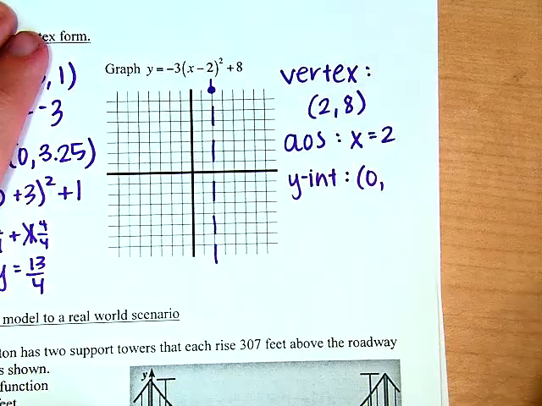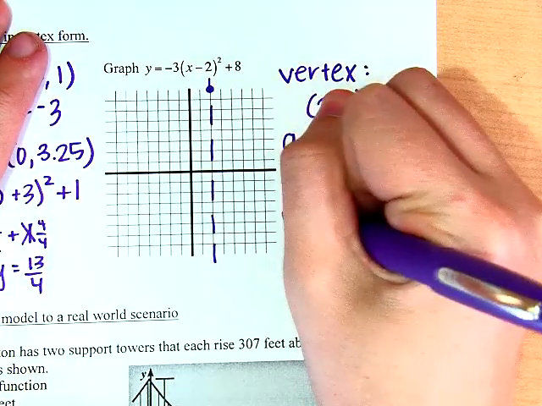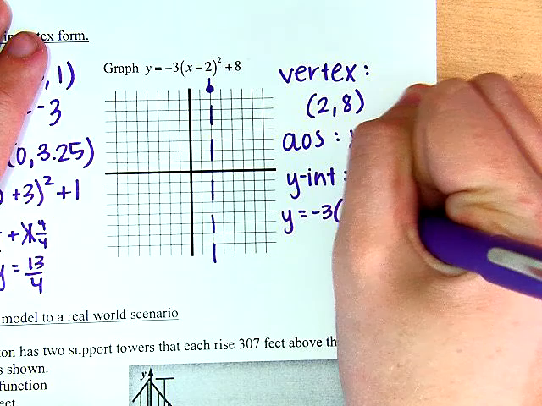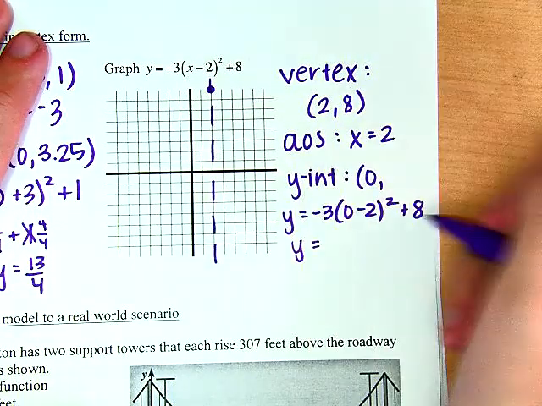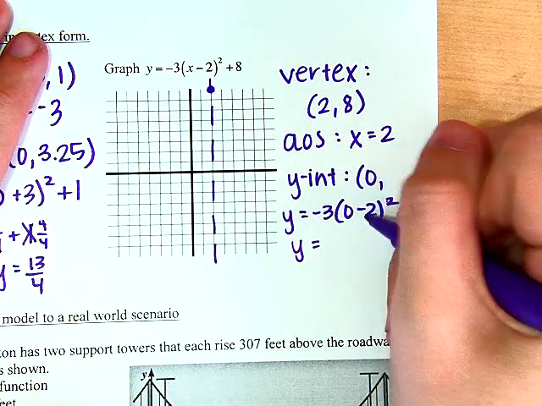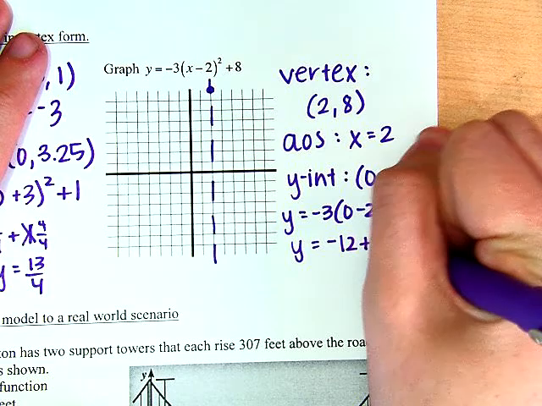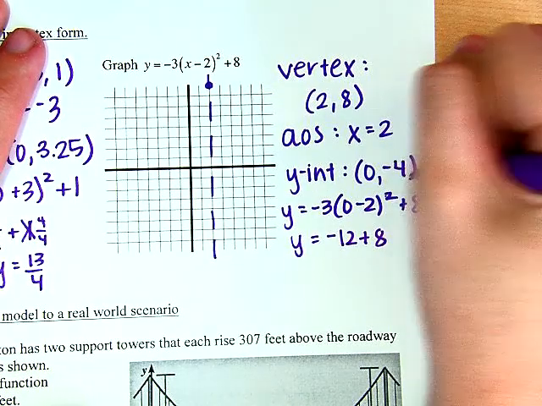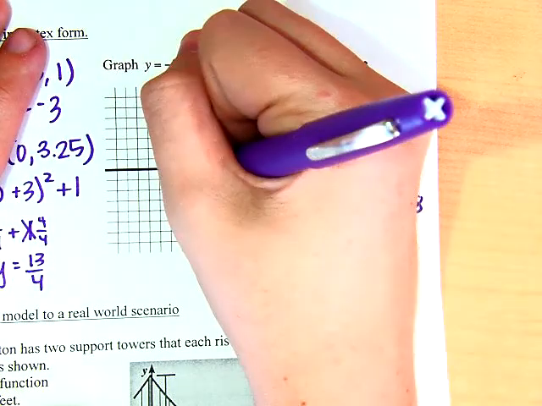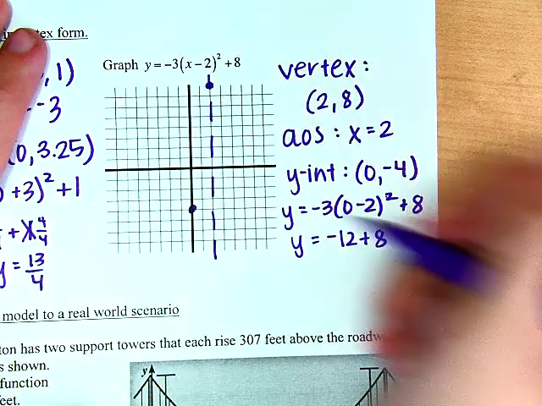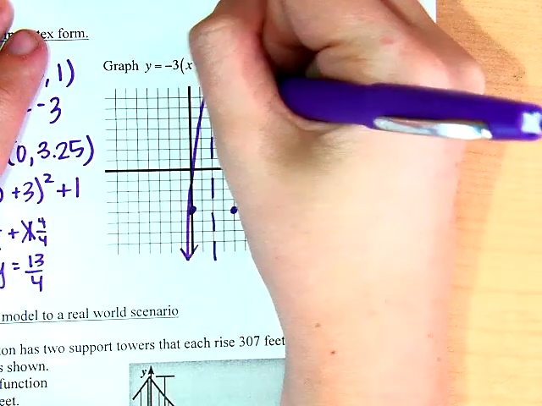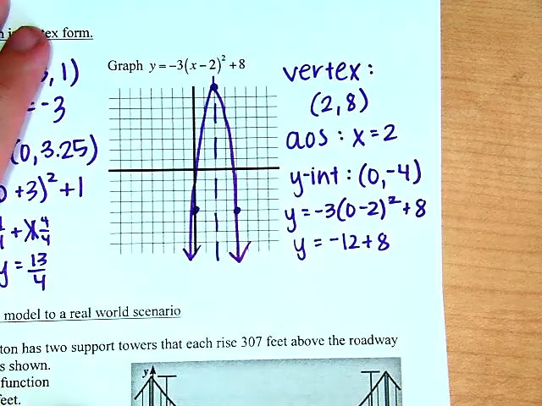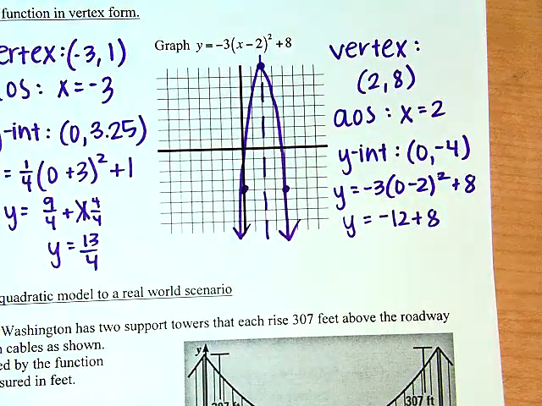It's going to be 0 and then a number, so I got y equals -3 times (0 minus 2) squared plus 8. So 2 squared is 4, so -12 plus 8, and I get -4. So 0, 1, 2, 3, 4, and I can symmetrate it over, reflect it, that's my word I'm looking for, reflect it over, and I got my parabola.